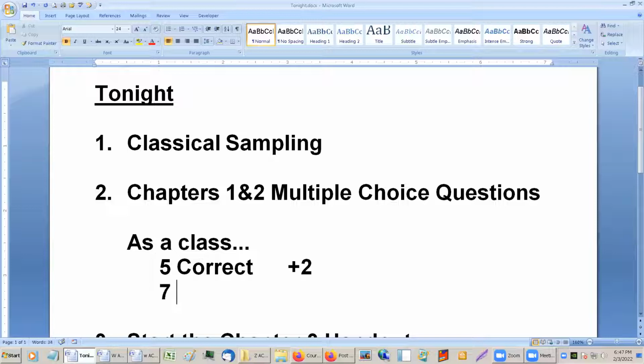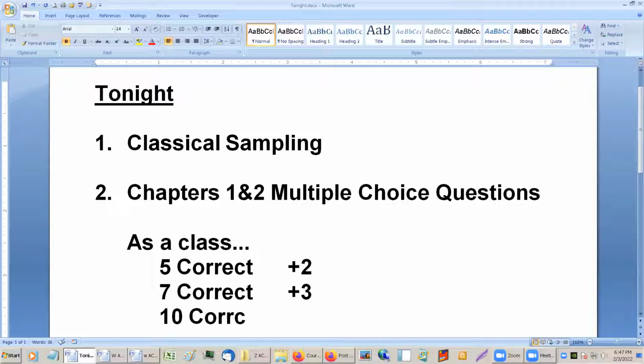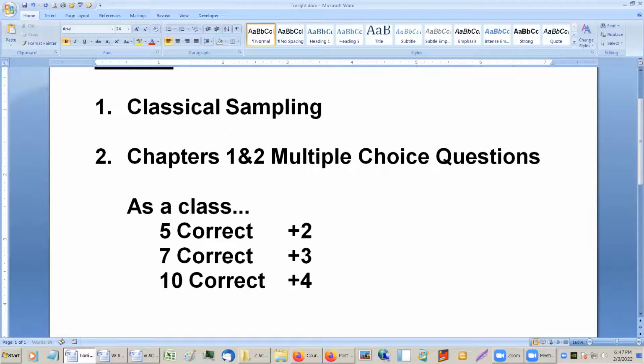Seven out of 10, +3. And if you get 10 out of 10, +4. And actually there's 12 on here, so we'll go all the way to 12.